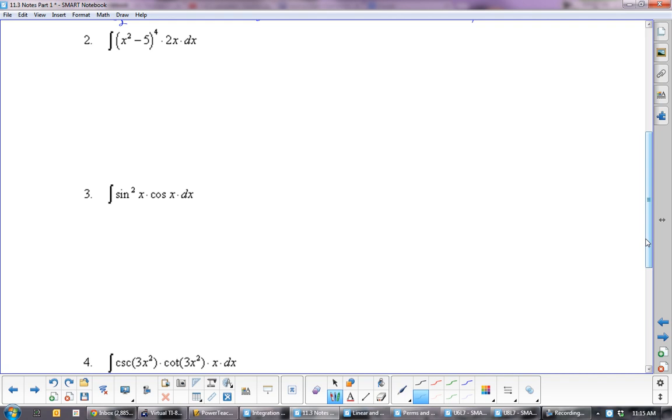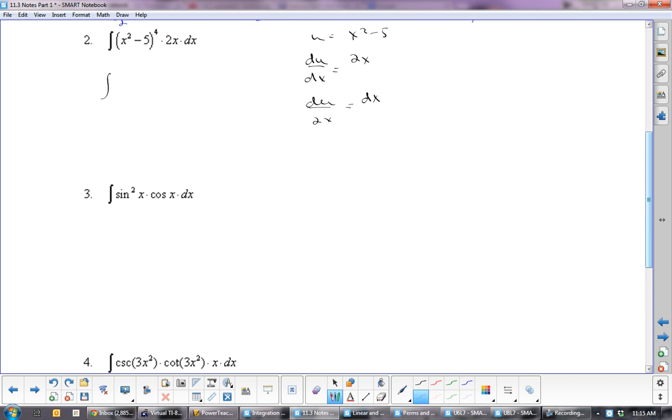So let's start doing these together. What would be my u for number 2? x squared minus 5. du over dx would equal 2x. Therefore, du over 2x equals dx.